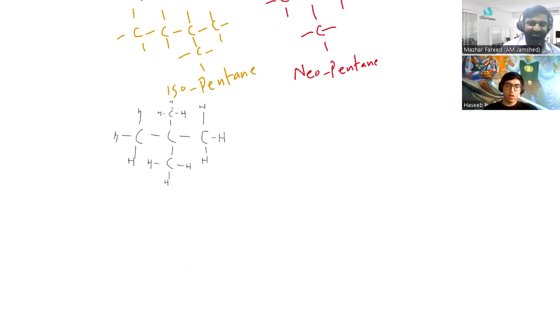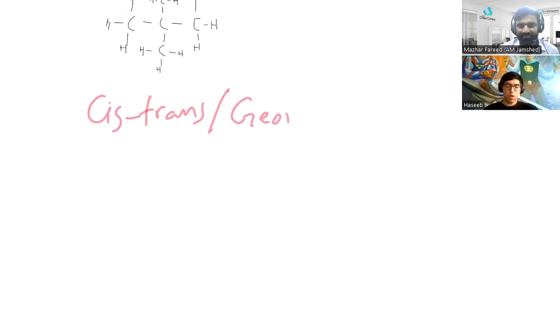Now we have to explain cis-trans isomerism. Cis-trans isomerism is also known as geometric isomerism.